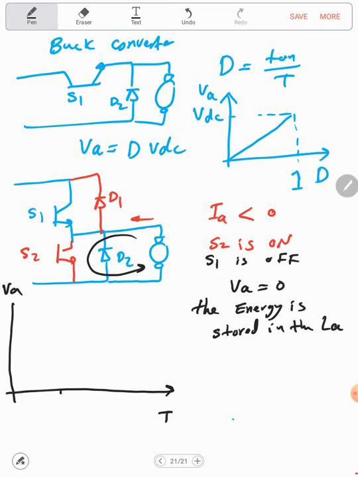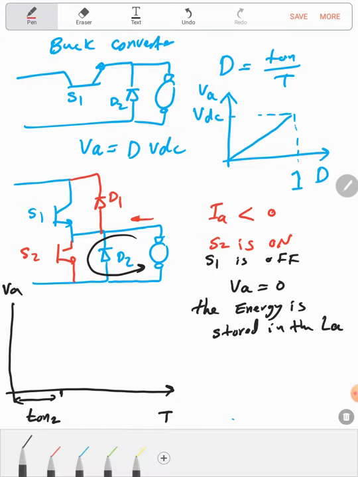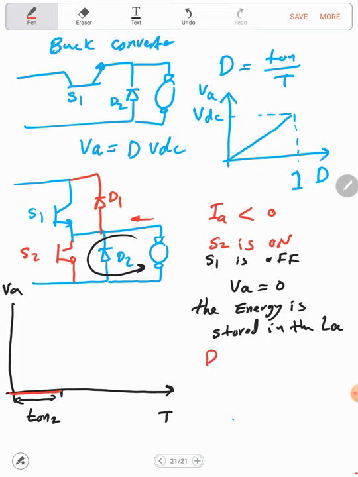Now from 0 to T on of switch number 2, the voltage was 0, and when the diode D1 is conducting, the current is negative.